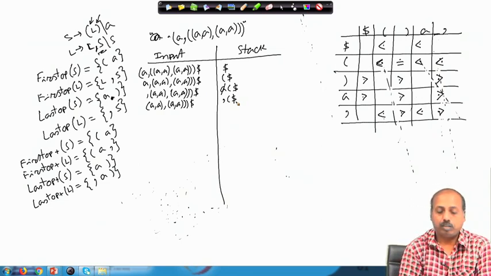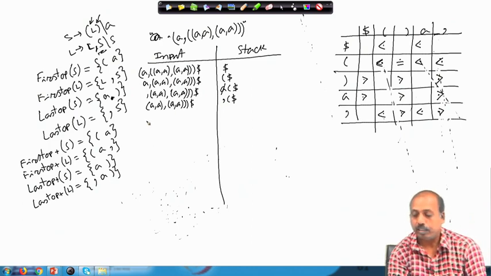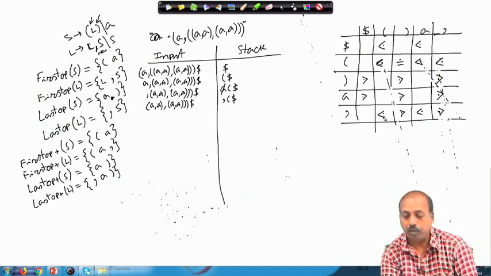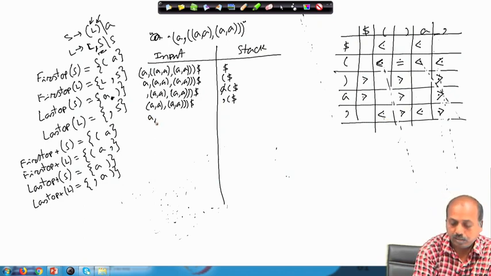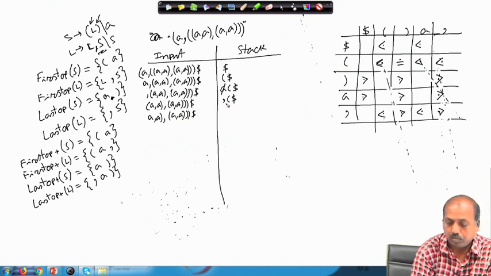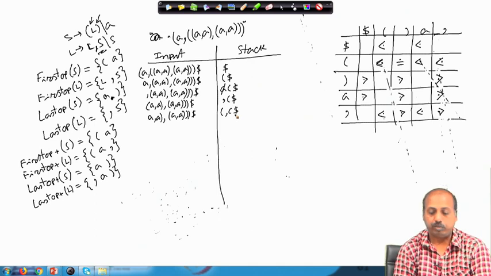Now, comma and open parenthesis again: comma is of lower precedence than open parenthesis, so it will be shifted. The input will be like this. So, open parenthesis will be shifted, then comma, then another open parenthesis and dollar. So, this will be the situation.